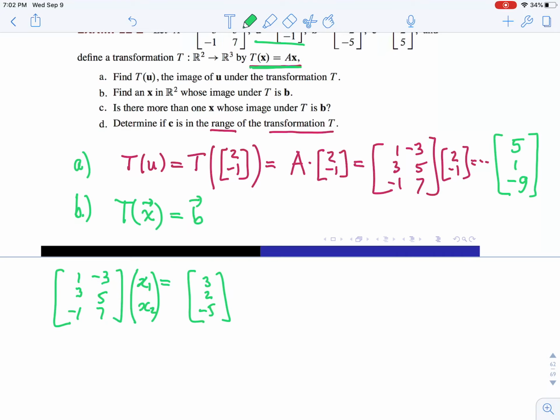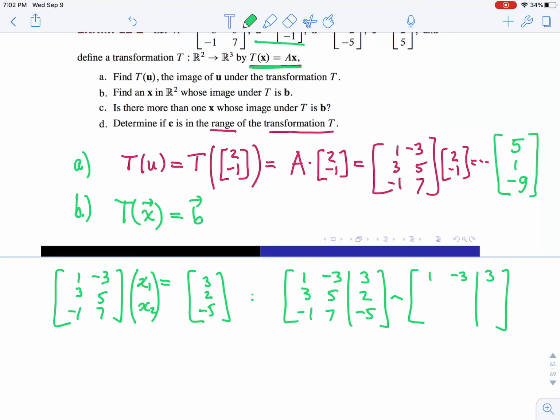To do that, I'm just going to have to do a matrix problem. So I'm going to solve the augmented matrix: 1, -3, 3, 3, 5, 2, -1, 7, -5. When I set up that matrix and do some row operations, let's see what happens. 1, -3, 3.